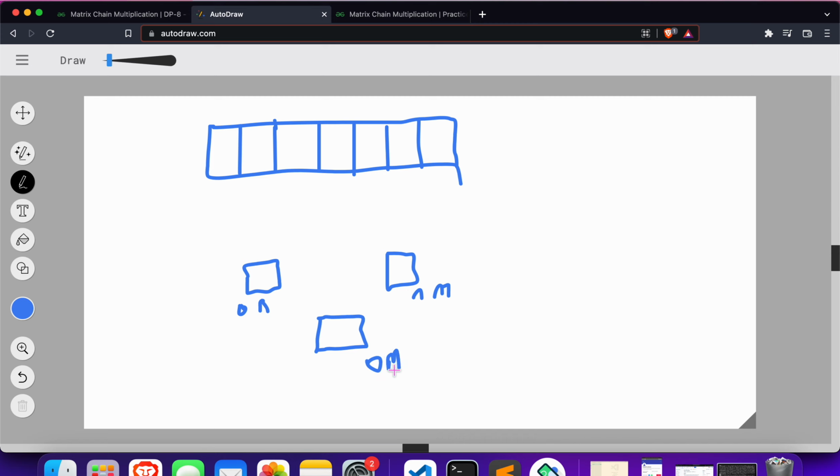And the number of operations we would need to do in combining these two matrices will be O into n into n.